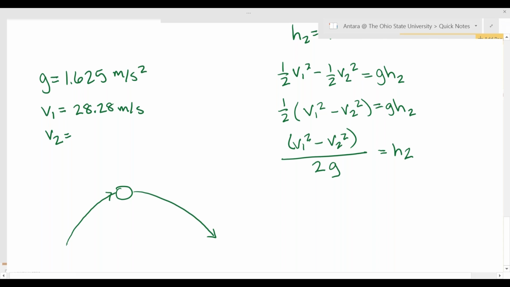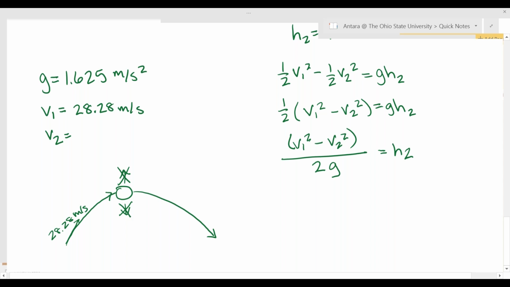It's just hit this way at 28.28 meters per second. So at the top, it's not moving in the y direction. It's not moving up or down because it's at the highest point it can go. So it's stationary in the y direction.